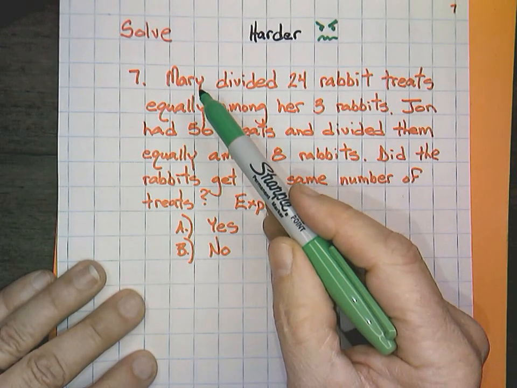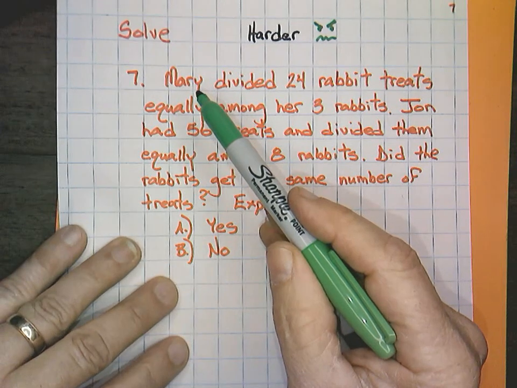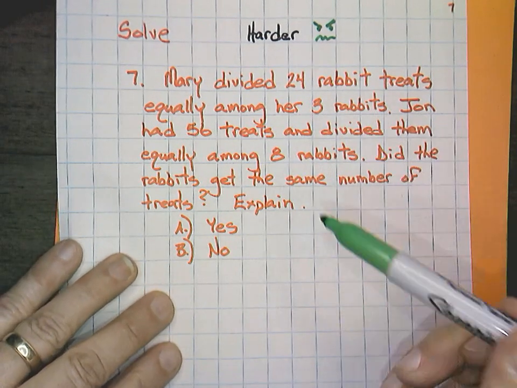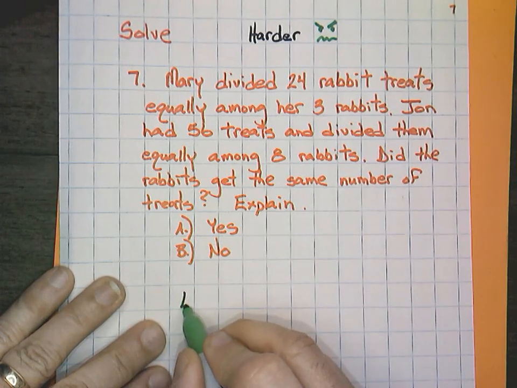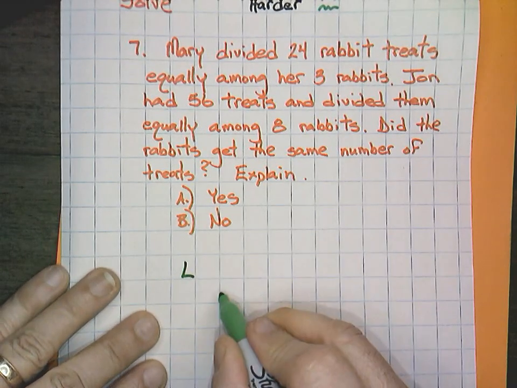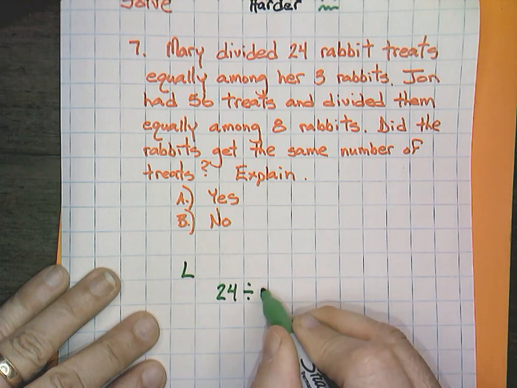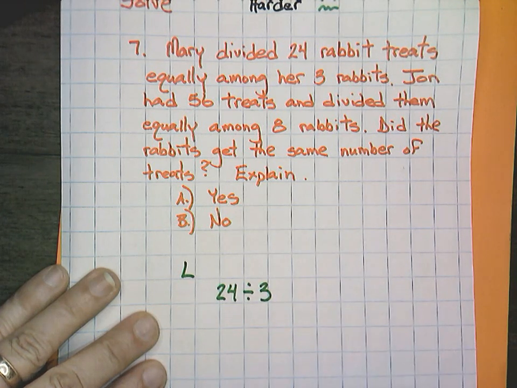Okay, so let's start with Mary. Mary divided 24 rabbit treats equally among 3. Okay, so on the left, I'm going to put 24 divided by 3.